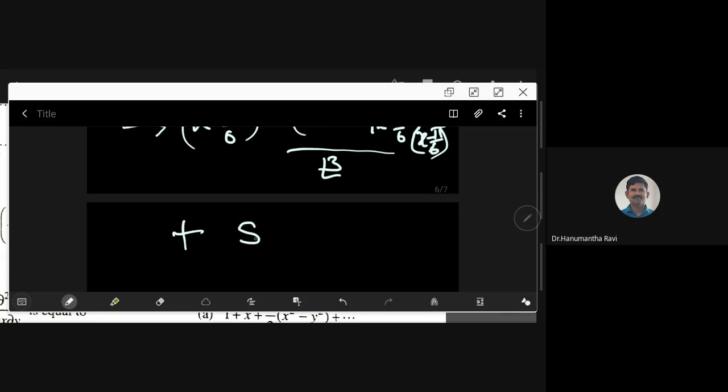For sin x, you have to take the derivative. If I write like this, then you have to take the third order derivative here. Third is already over, so we need to take the fifth order derivative by factorial 5 into x minus pi by 6 whole power 5 will come now.